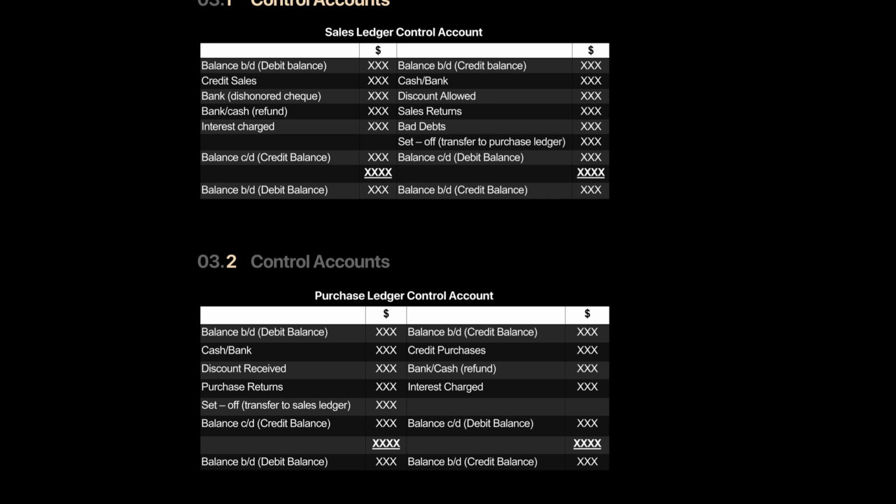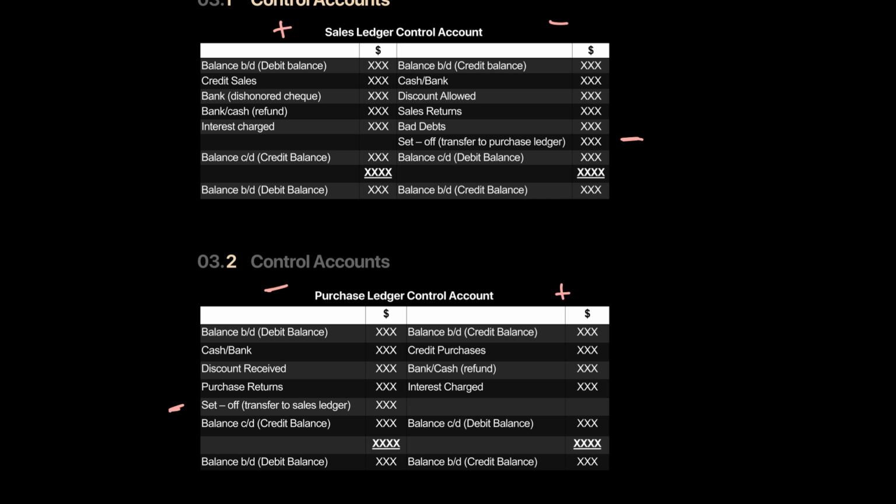Now if we look at the sales ledger control account and the purchase ledger control account together, contra will go on the credit side of SLCA because remember, contra reduces your trade receivable and it also reduces your trade payable. So it should go on the debit side of the purchase ledger control account, since I have to subtract both these amounts from my trade receivables and trade payables.